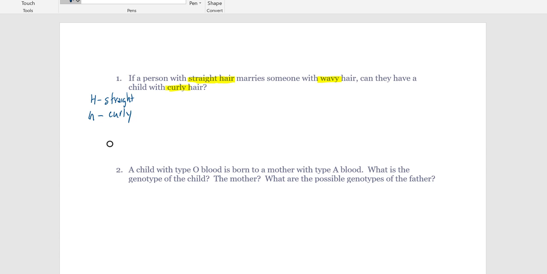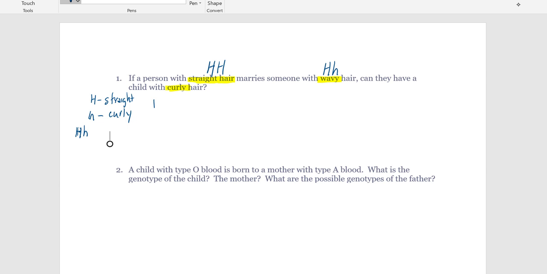So that means that the heterozygous form has to be wavy, right? So if a person has straight hair, then that has to be big H, big H, and the person who marries someone with wavy hair has to be then heterozygous. Can they have a child with curly hair?